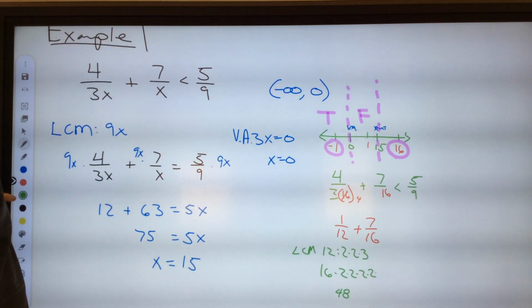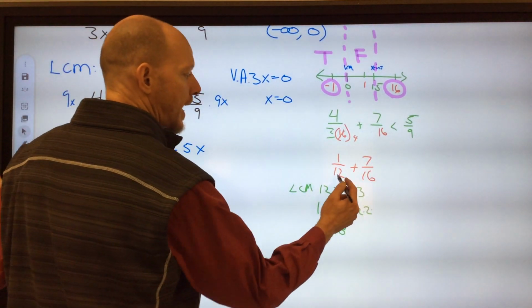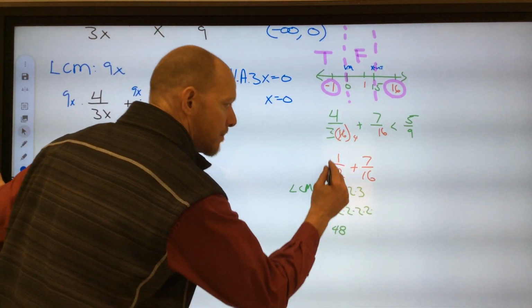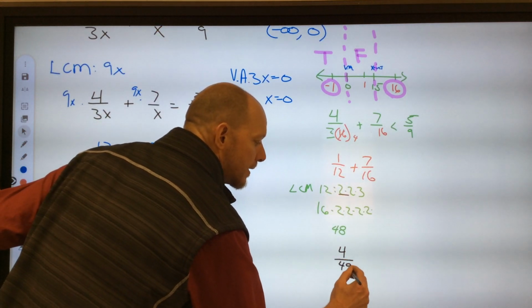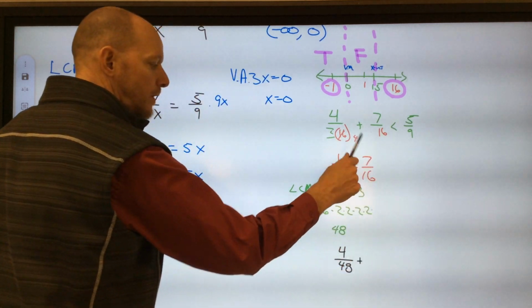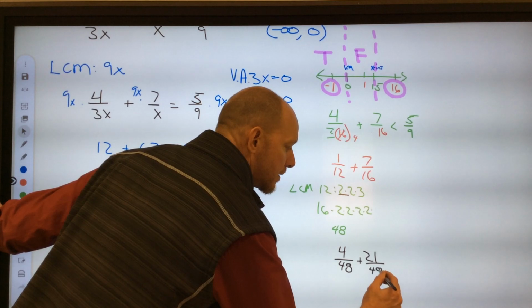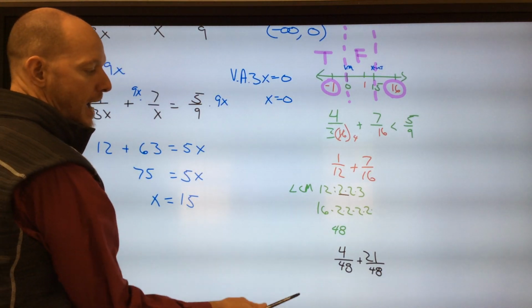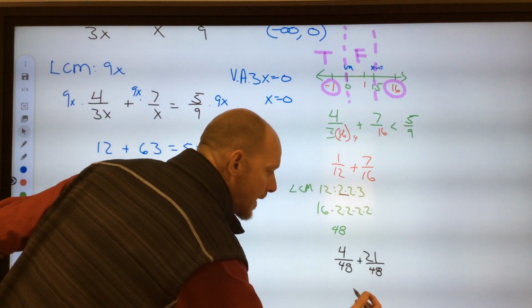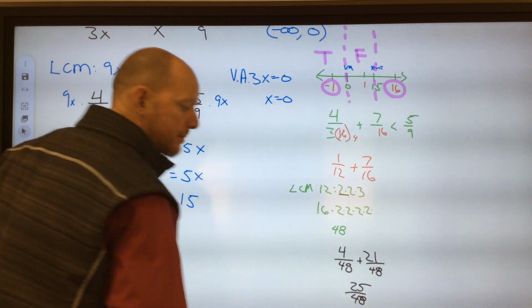So now what that's going to give us is if I go down through here, in order to add these together, multiply this by 4 over 4, 4 over 48. This one by 3, that's going to be 21 over 48. So now, if I'm looking here at this, I see 4 plus 21 ends up being 25 over 48.